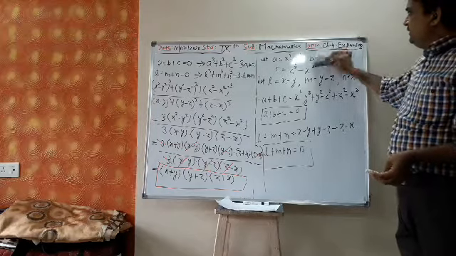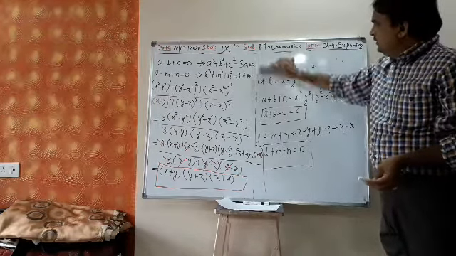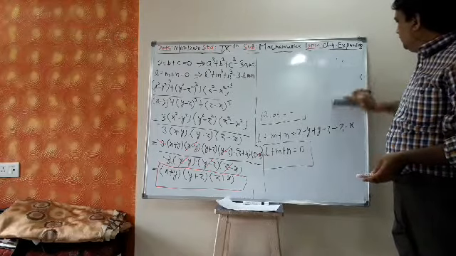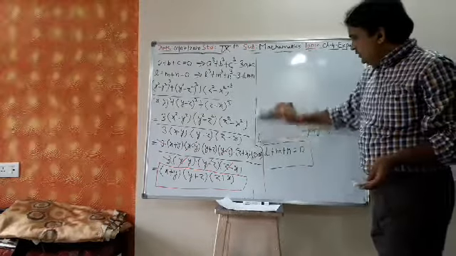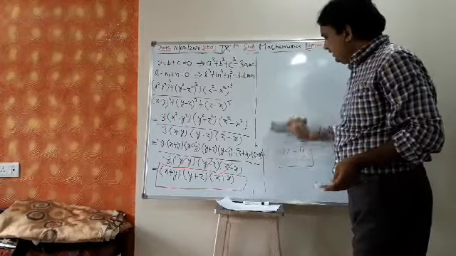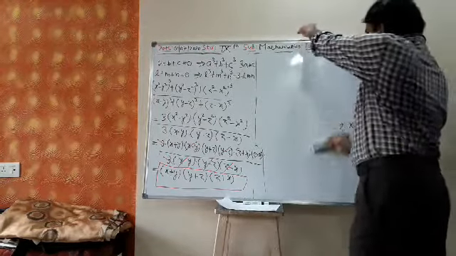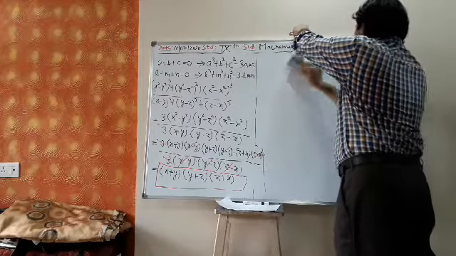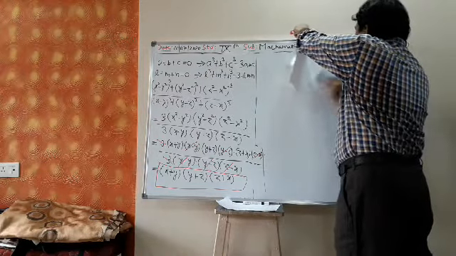This part is over. So remember that if a plus b plus c is 0, then a cube plus b cube plus c cube is 3 into a into b into c, 3abc.